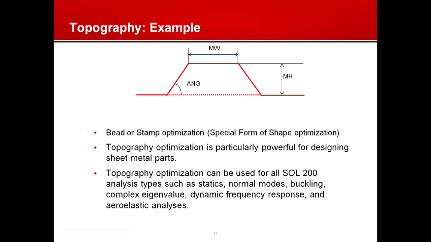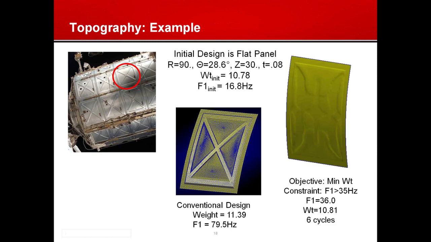This type of method is also known as bead or stamp optimization. All the disciplines are supported here: static, normal modes, buckling, complex eigenvalue, and frequency response solutions can be used for this type of optimization.